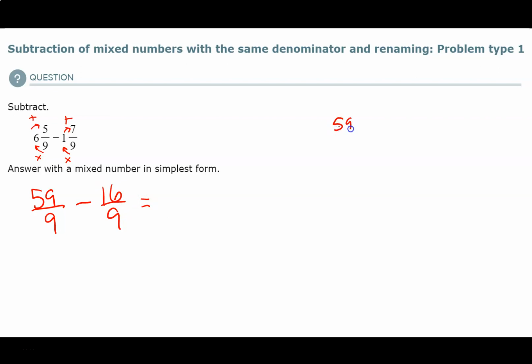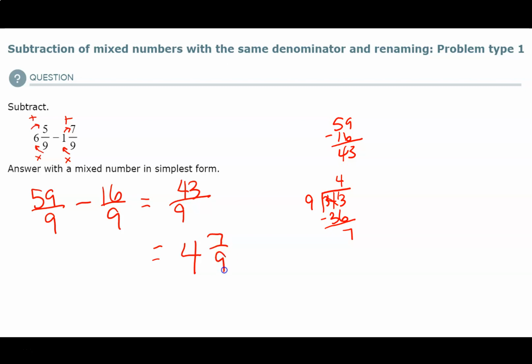So I do 59 minus 16, which is 43. 9 goes into 43. Let's see, 9, 18, 27, 36, 45. Oh, 45 is too far. Subtracting these, I get 7 left over. So this is the same as 4 and 7/9.